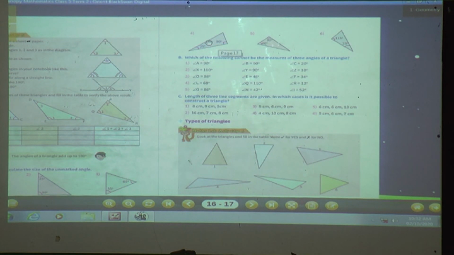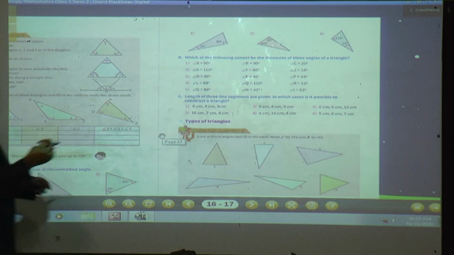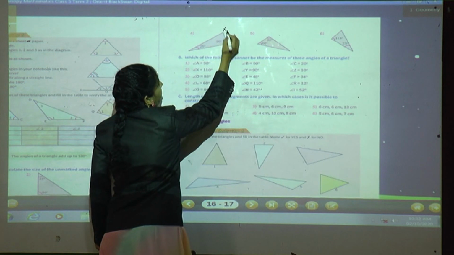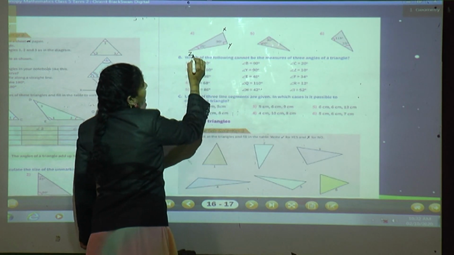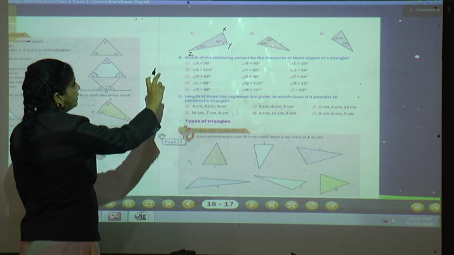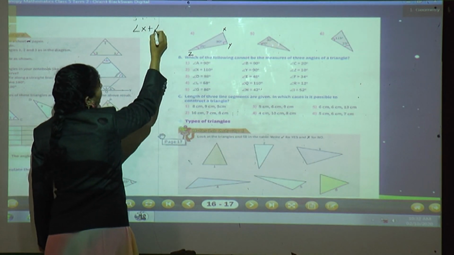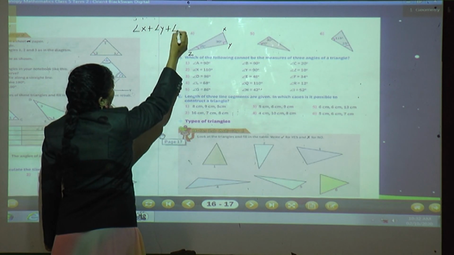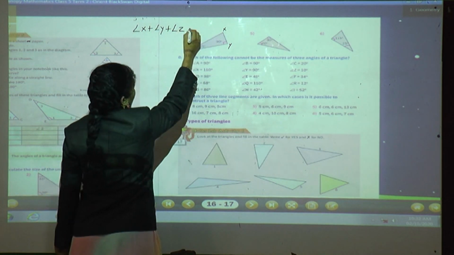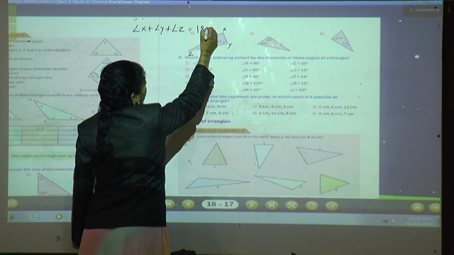Here, fourth one. See, here also they have given us measurement of two angles. We can name it X, Y and Z. So students, here angle X plus angle Y plus angle Z is equal to 180 degree.